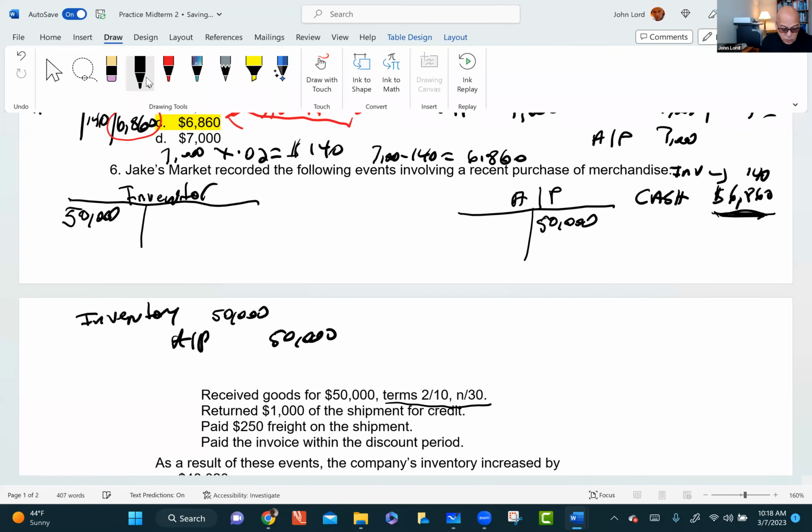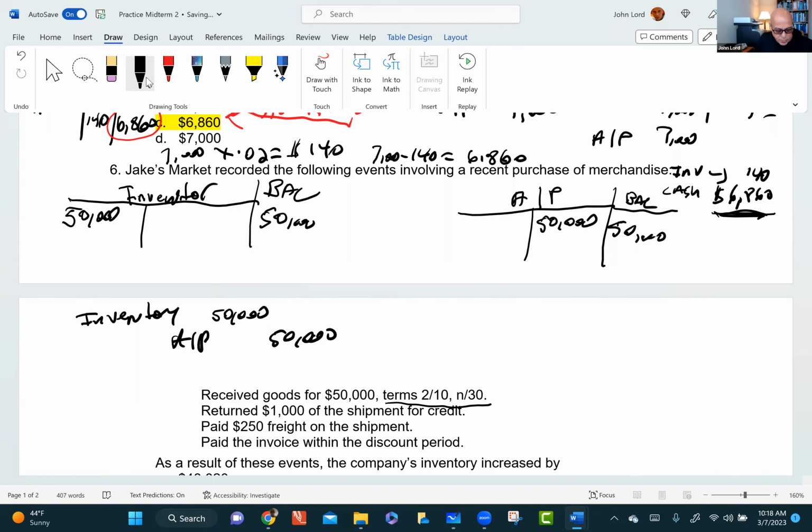Debit inventory, credit accounts payable, and just watch the T accounts as I go along. So the balance is 50,000. Okay, good.